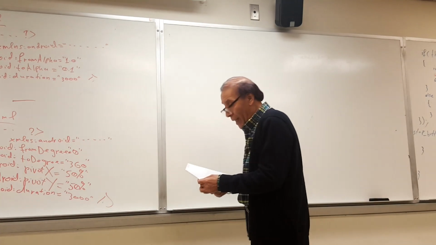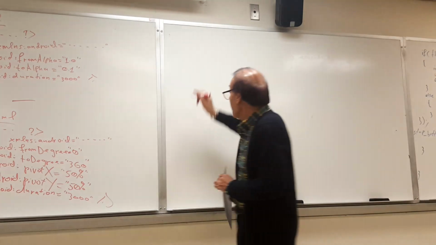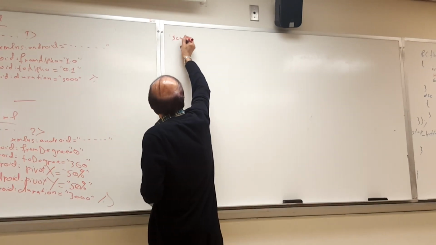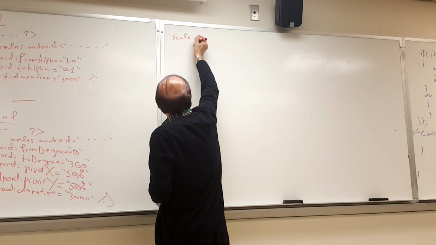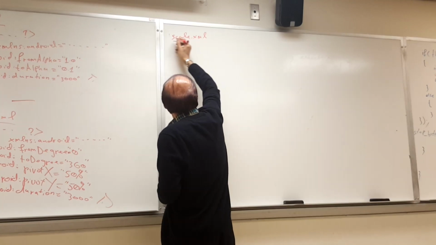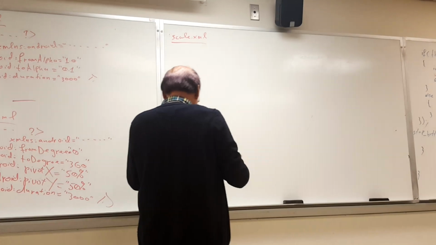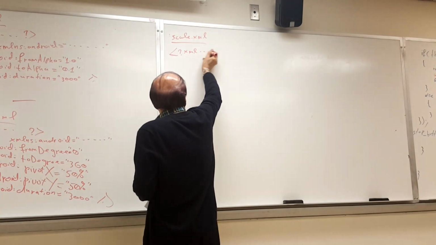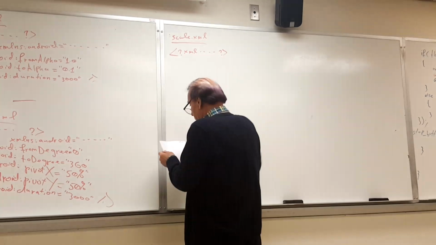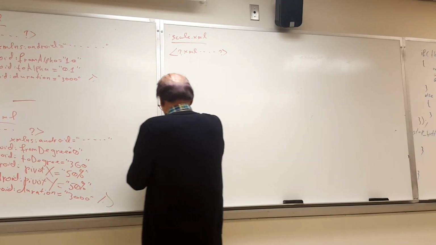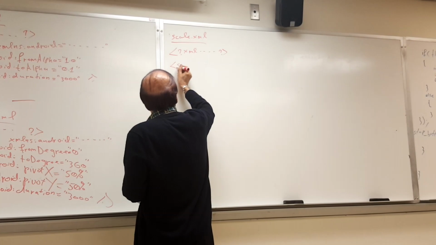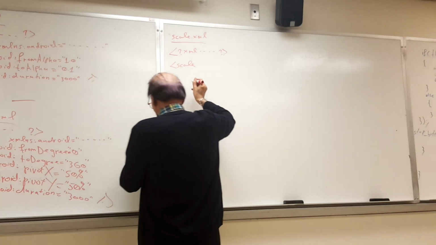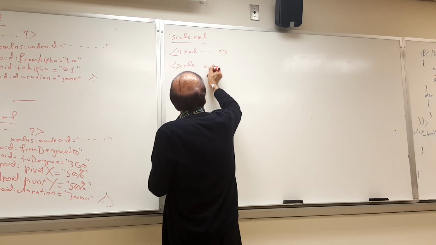So let's talk about scale.xml. Okay? I'm afraid I'm not gonna be able to touch this for a week. XML, whatever. In fact, it'll be better off if I don't touch it for a week. Scale, I'll try to catch up.